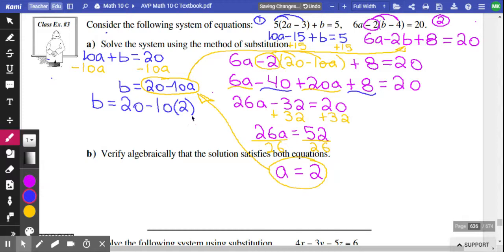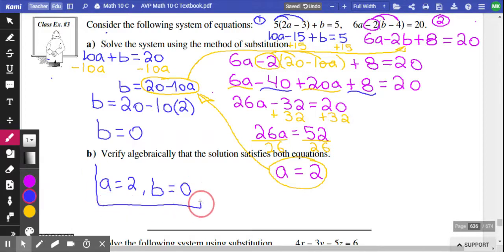You throw that in your calculator, you get b equals 0. My solution is a equals 2, b equals 0. Those are the two values that would work in both equations.